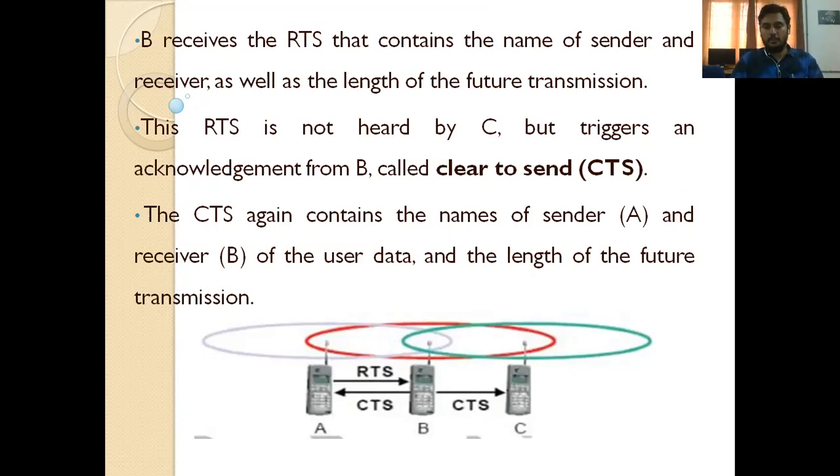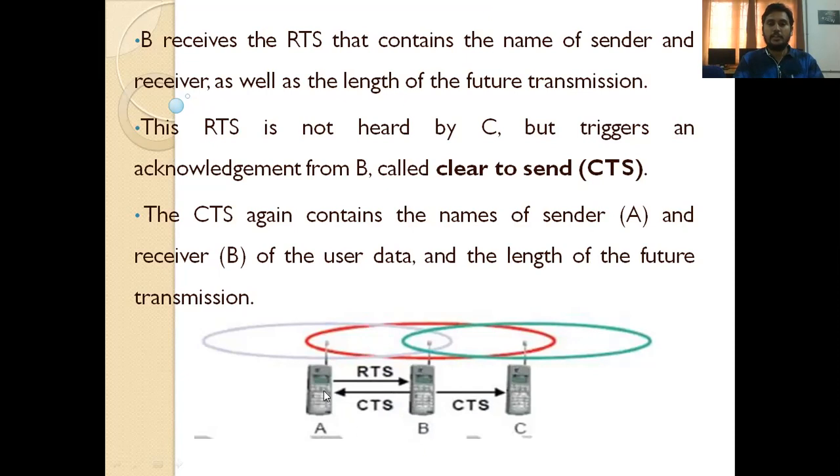So how can we avoid those problems? First, sender A wants to transmit data to B. A first transmits an RTS frame, a request frame, to B. If B is free, B sends a CTS frame to A, and the data transmission is done between A and B. Again, C wants to send data to B, so it also sends an RTS frame to B, but B doesn't send the CTS frame to C until it is free.